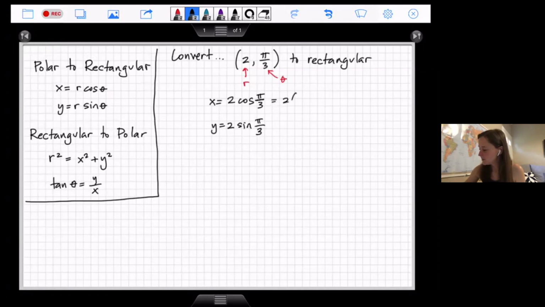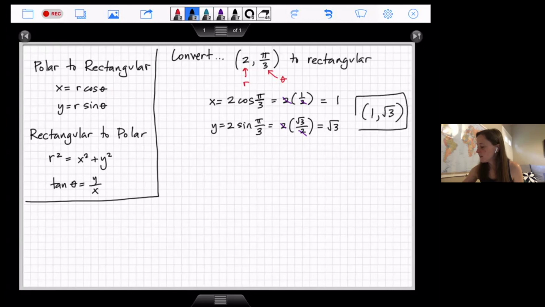So this is 2 times a half. And sine of pi over 3 is square root of 3 over 2. All right, so then we just simplify those. We can cancel out these 2's everywhere. And I get 1, and here I get square root of 3. Okay, so in rectangular coordinates, this point is the point 1 comma square root of 3, right?